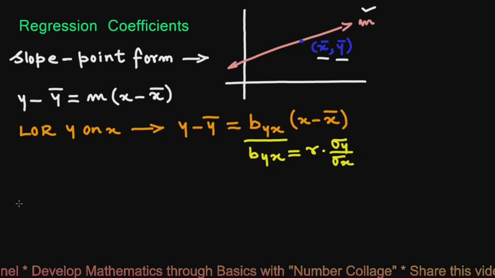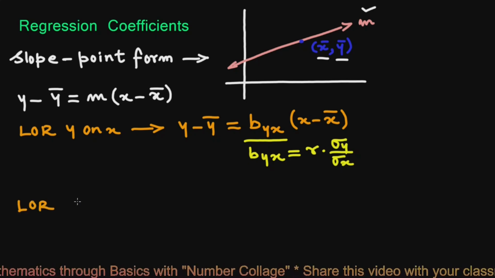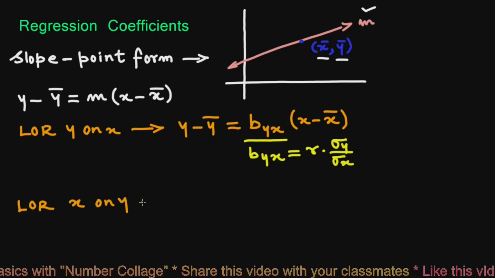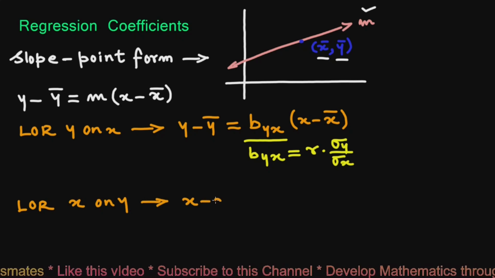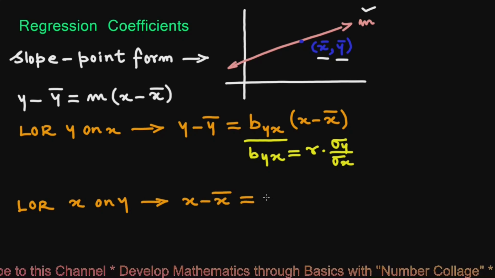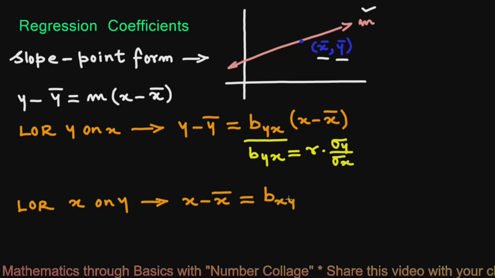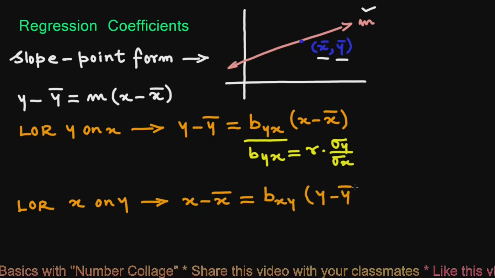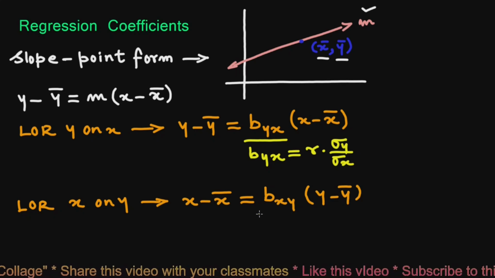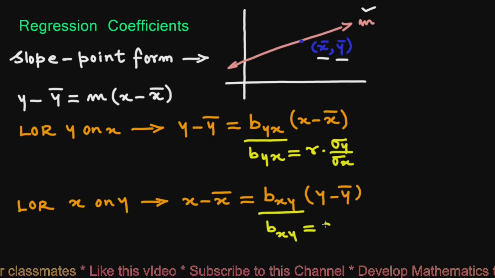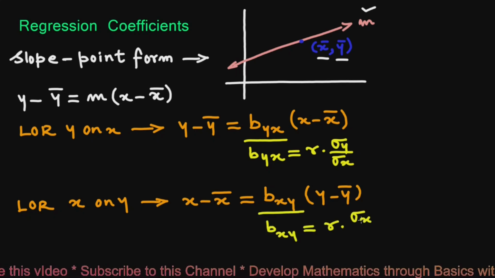Similarly, equation of line of regression of x on y will be x minus x bar equals slope, which is coefficient of regression of x on y into y minus y bar, where this bxy is r into sigma x by sigma y.